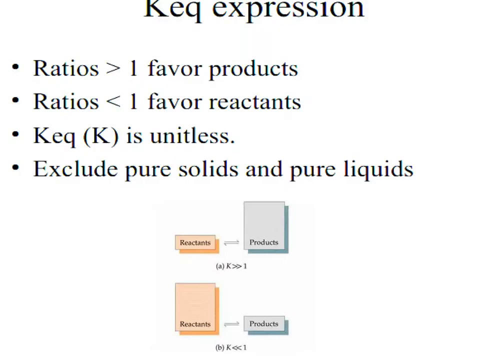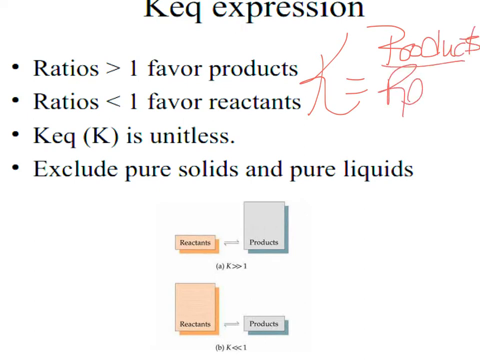Let's talk about values of K. So remember that K, just generically speaking, is products over reactants. We know it's not quite that simple. But in general, as K becomes large, what does that mean? That means you have a lot of products.